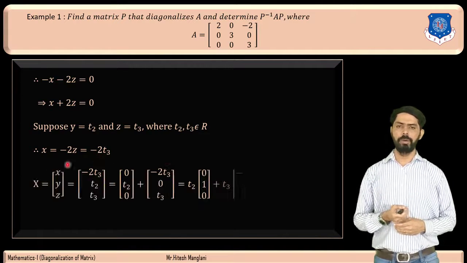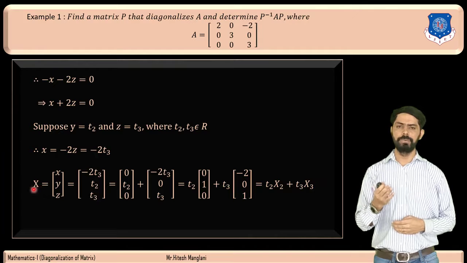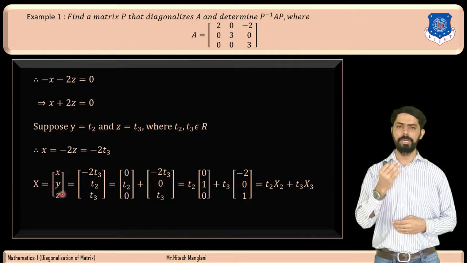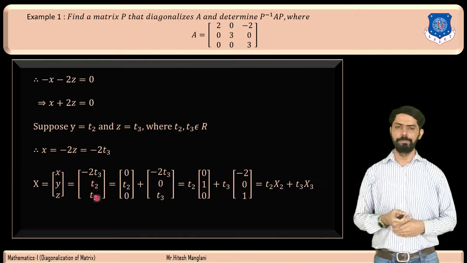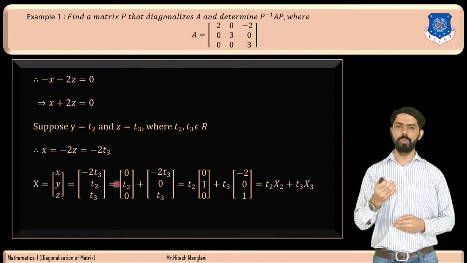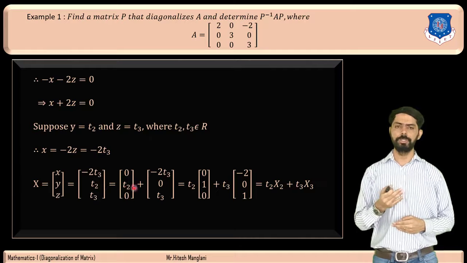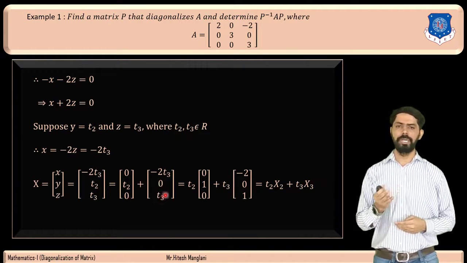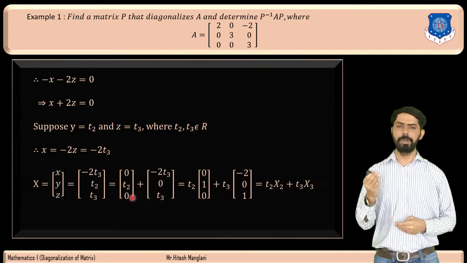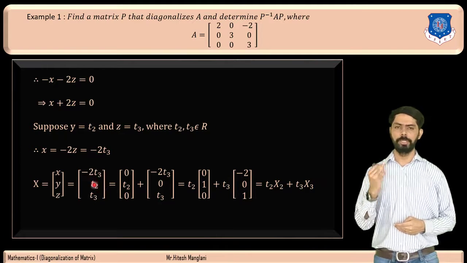Now as we have to find the eigenvector capital X, which is given by x, y, z, and here x is minus 2t3, y is t2 and z is t3. So this can be written as 0 t2 0 plus minus 2t3 0 t3, because if we add these two vectors, then it will be minus 2t3 t2 t3.